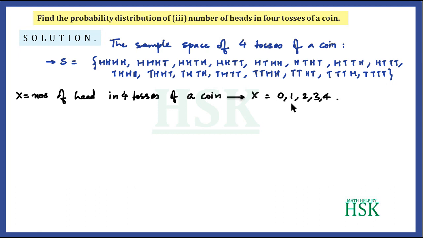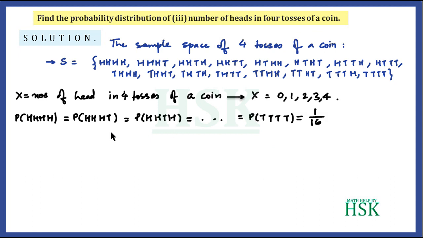When x is equal to 1, we are going to consider those cases in which head is obtained only once. Okay, so x is equal to 0, 1, 2, 3, 4. What does this mean? It means how many times head is obtained when a coin is tossed 4 times. So therefore it can take the minimum value 0 and maximum value 4.